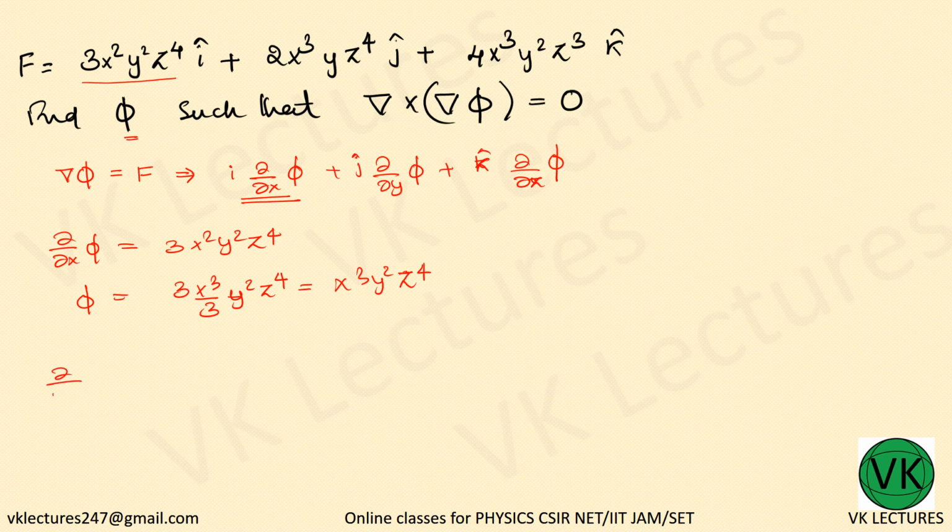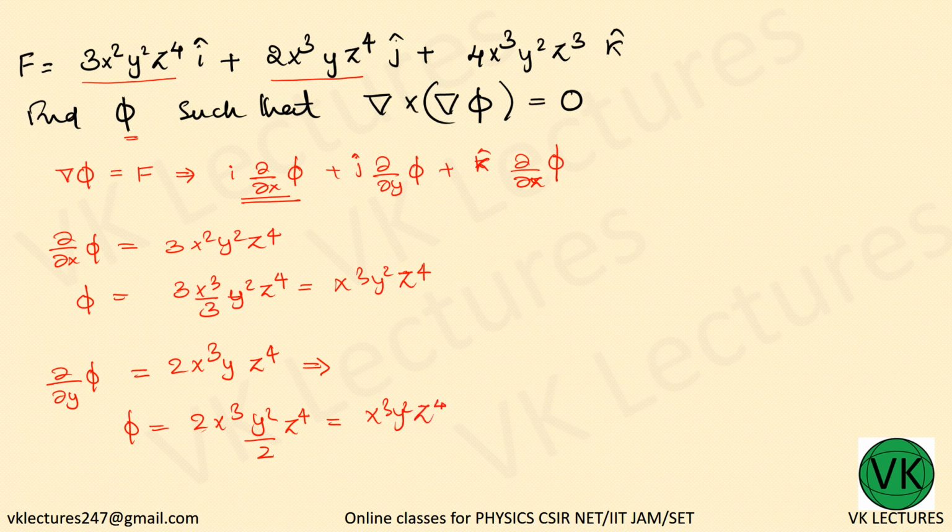Similarly, dou by dou y of phi is equal to the second term, 2x cube y z power 4. So integrate, which means phi is equal to 2x cube y square by 2 z to the power 4. So 2 gets cancelled: x cube y square z to the power 4.